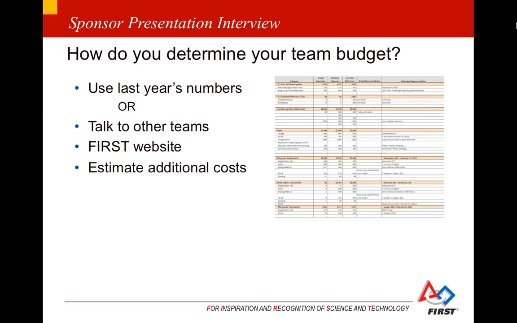If you don't have last year's numbers, or if you are a rookie team, the FIRST website has some bare bones, bare minimum numbers to run a team. Otherwise, what we did our first year was we talked to other FIRST teams about what they thought we would spend.